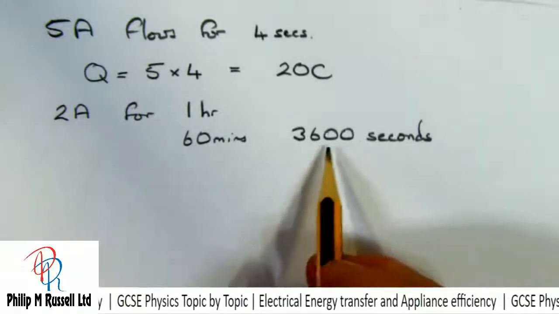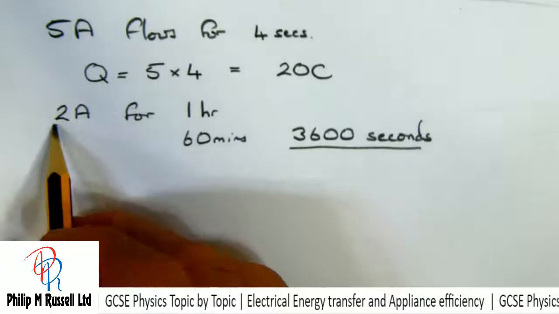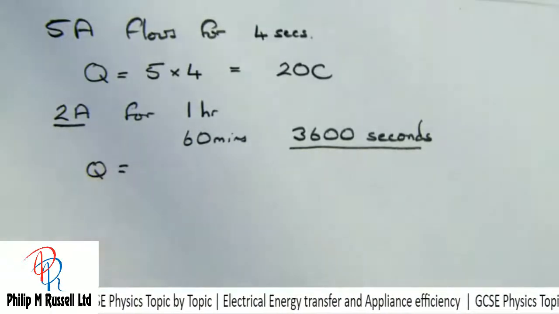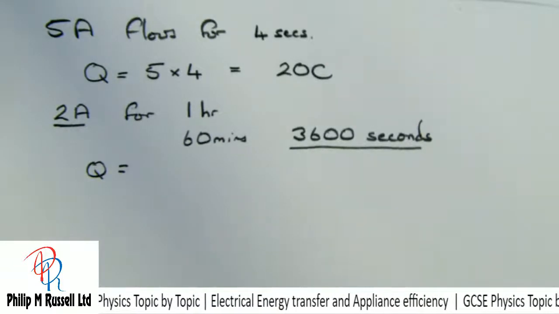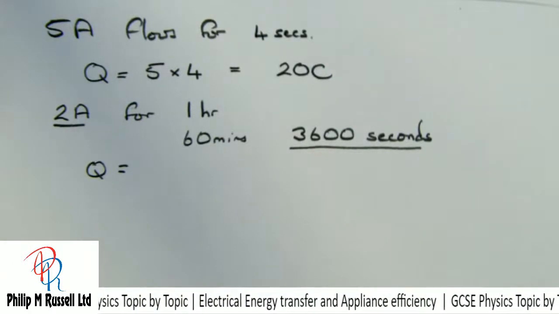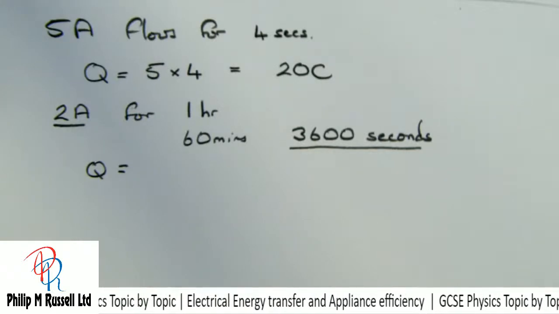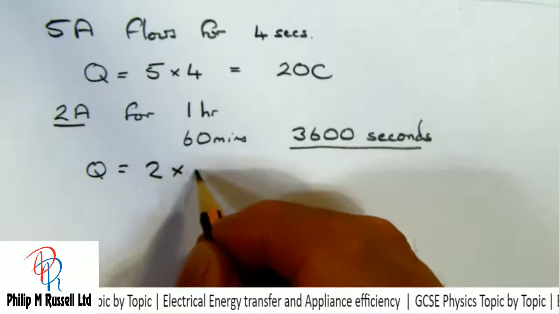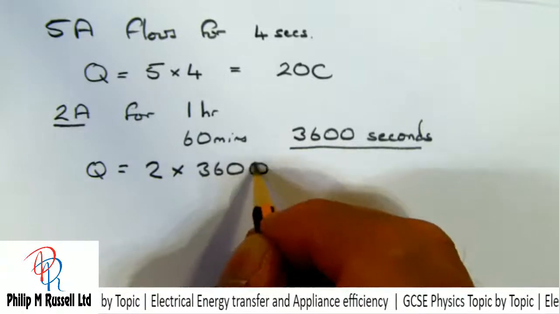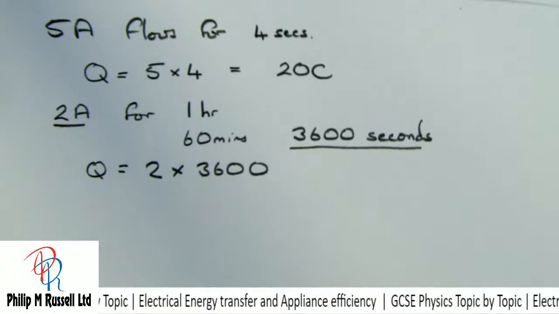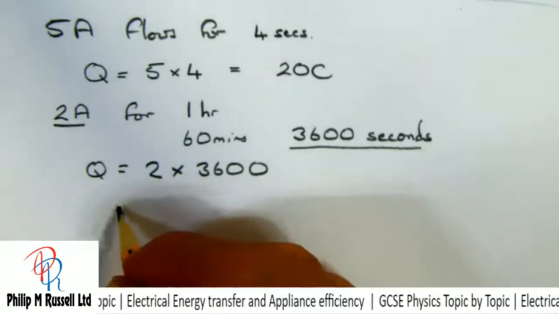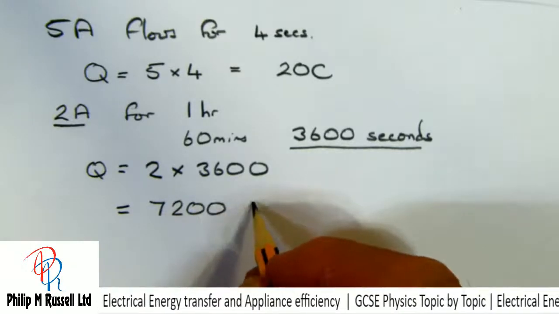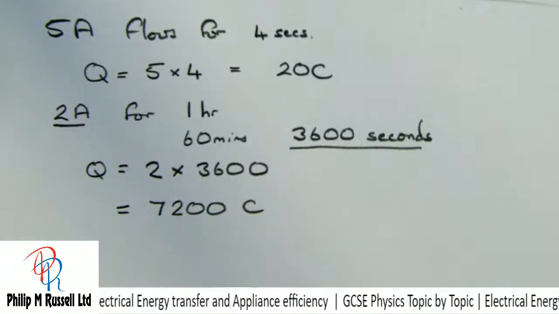So we've got to measure in seconds and in amps. So if I want to work out my charge here, it's going to be simply looking at one number times the other number, which is going to be my 2 times my 3,600, and that's going to give me 7,200 coulombs.